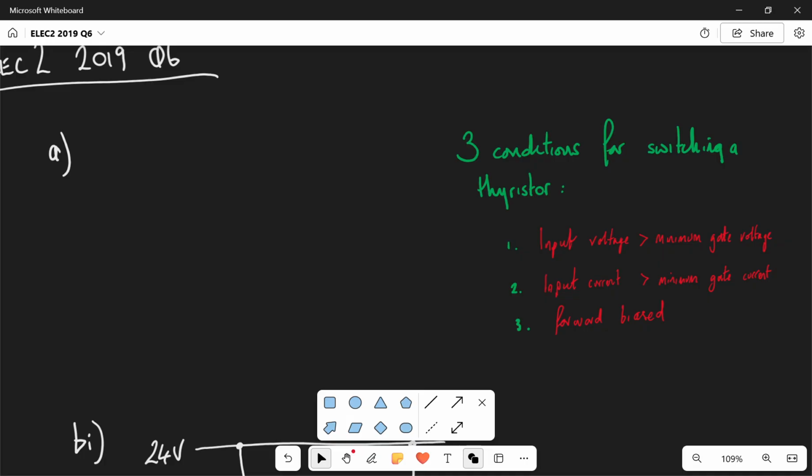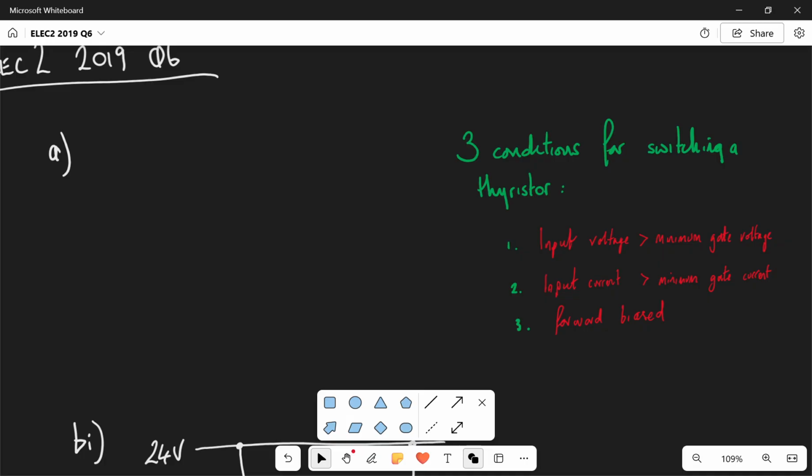Okay, so when we're looking at the possible inputs, we need this pulse of voltage to go in where the thyristor is also forward biased. So when you're looking down, C is obviously one of those conditions where you've got a positive pulse of voltage and it's forward biased.